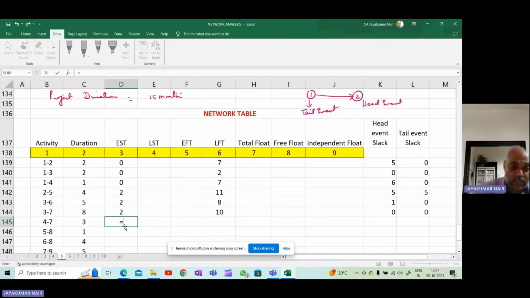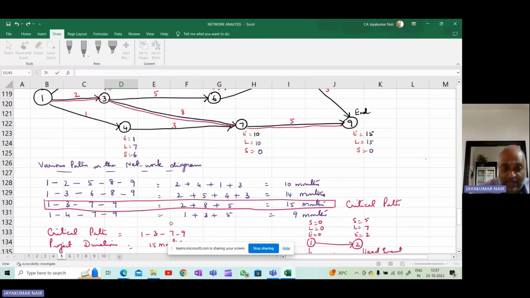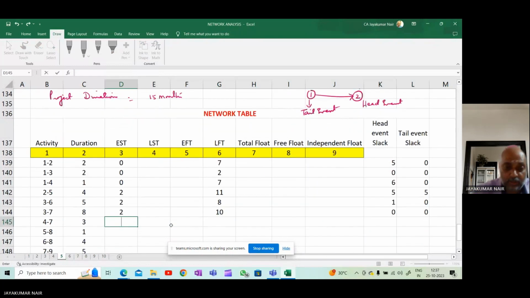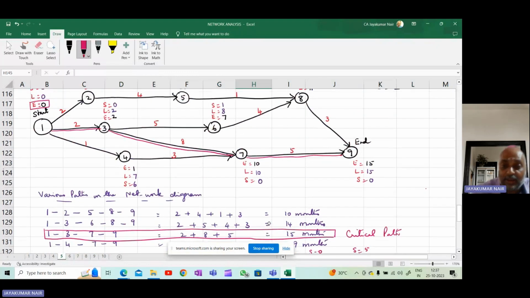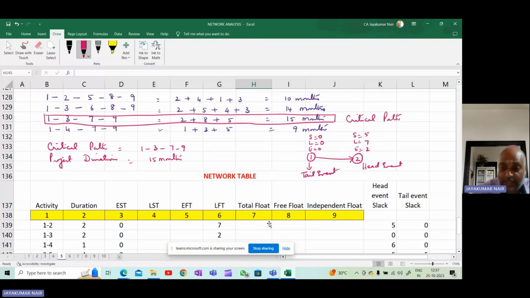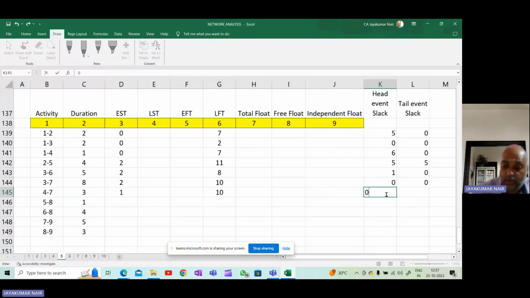Next, what is 4, 7? 4, 7 is 1 and 10. And then the slack is head event slack 6, tail event slack 0.